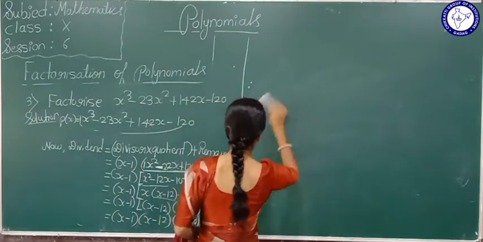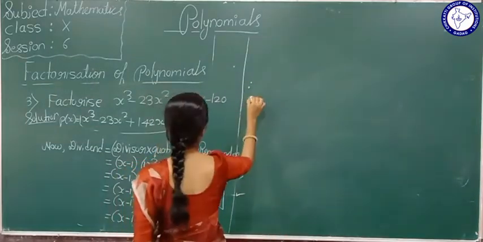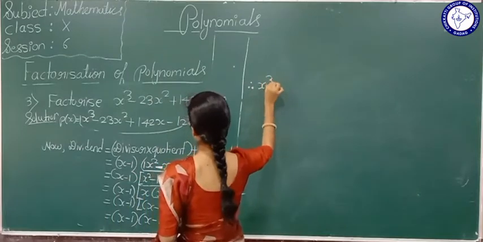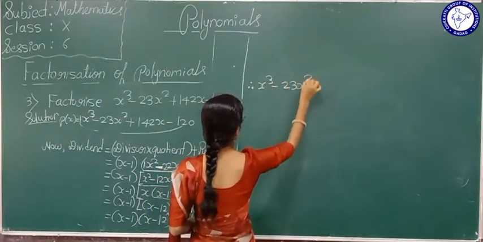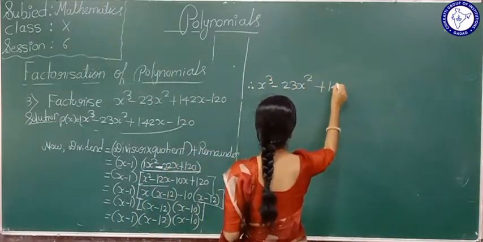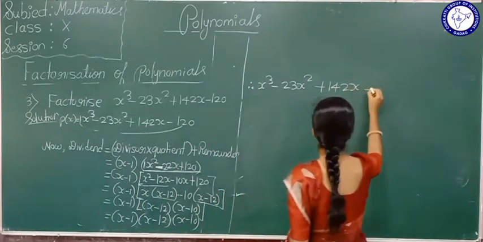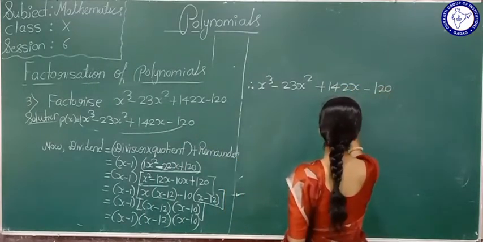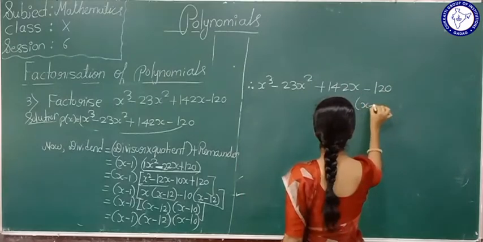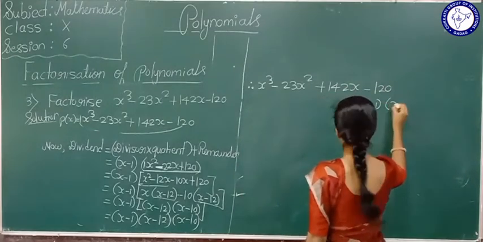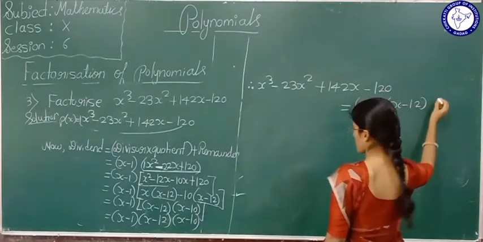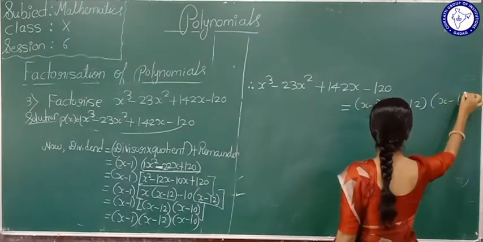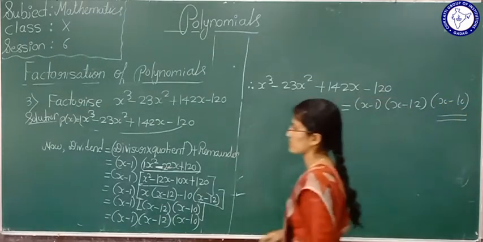Now see here, therefore x cube minus 23x square plus 142x minus 120 is equal to x minus 1, x minus 12, x minus 10.